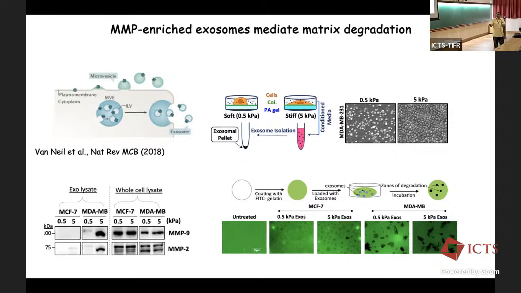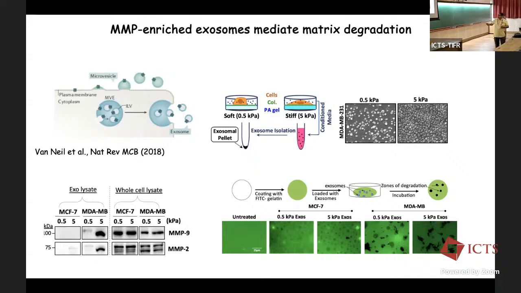If you look at the exosome biogenesis pathway, these are vesicles containing intraluminal vesicles which bud off from the surface inward. When the outer membrane fuses with the plasma membrane, the inner vesicles which have budded off are secreted, and these are exosomes, roughly 100 to 200 nanometers in size.